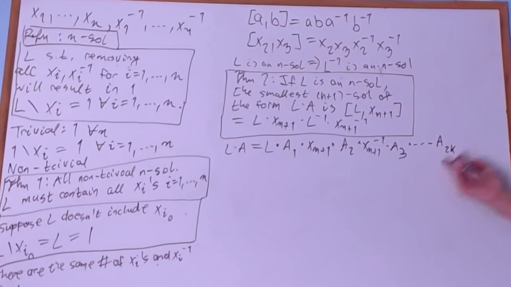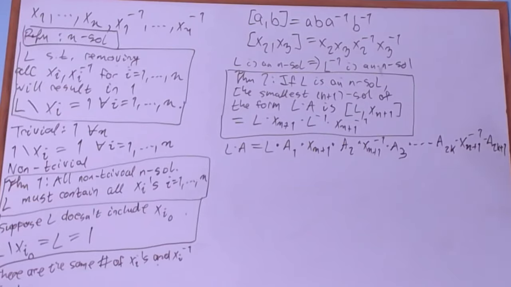It has to be even because the same number of xn plus 1 and xn plus 1 inverse, and then times A2k plus 1. Now, this is arbitrary the way I did it. Any one of these xn plus 1s and xn plus 1 inverses could be swapped and you'd still have a solution, but those are all equivalent solutions. And so we don't need to worry about that.